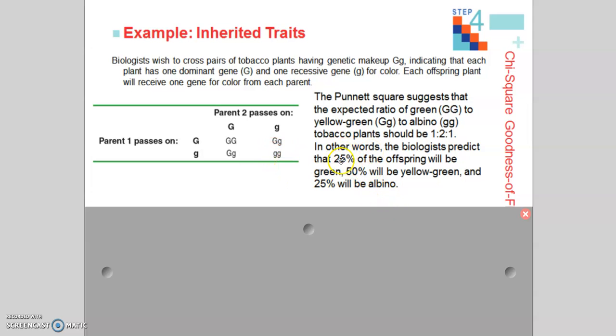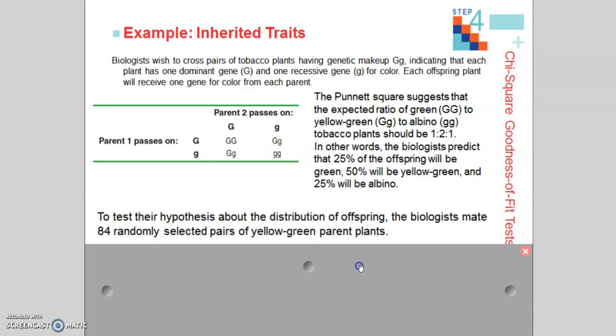So that would lead to 25% of offspring that are green. And then 50% will be yellow-green, that's those two, and 25% will be albino, is what that leads us to think.